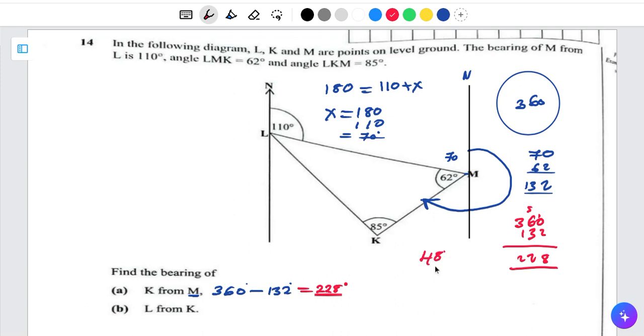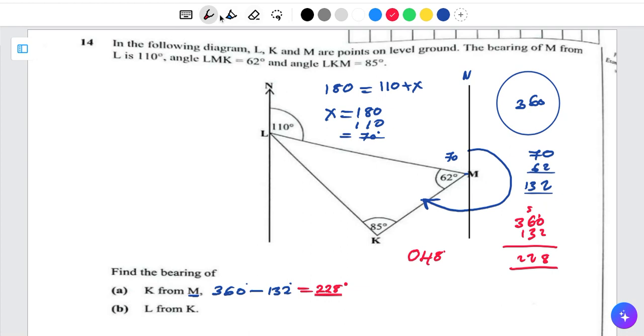It's going to pass at that point. Now this one looks ugly. Let me just do another one. Yeah, so we are starting from L. So this is our north. And we are starting from K, going to L. So we are going this side.